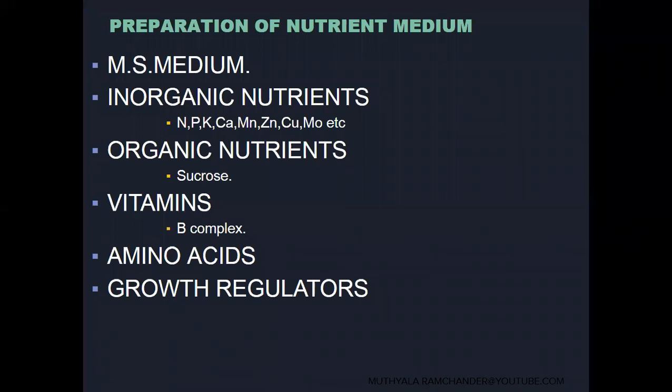It develops into organs by the addition of growth regulators. There are mainly two growth regulators: auxins and cytokinins. These are the major components of the MS nutrient medium. This is the first step, the preparation of nutrient medium.